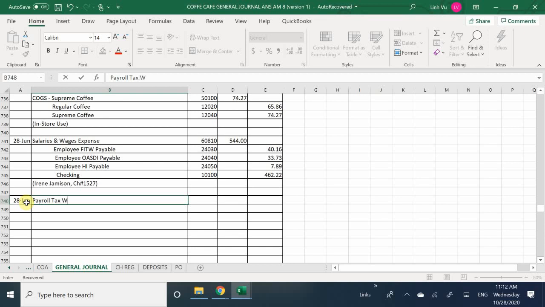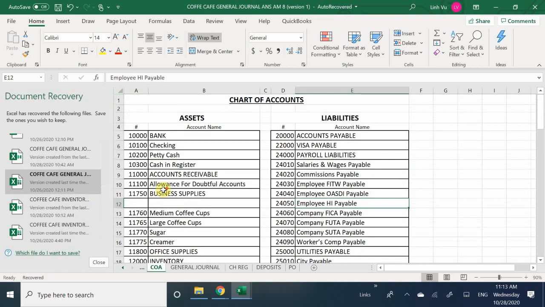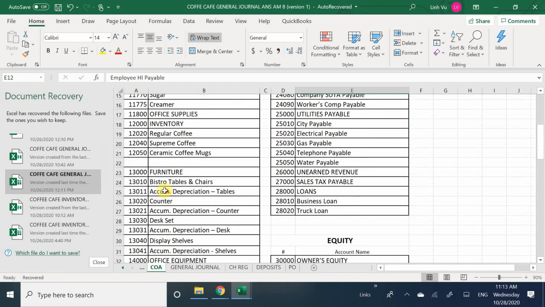Okay. And that was for $68.30. So now we need to calculate all the liabilities that we have to pay for Irene to be an employee.